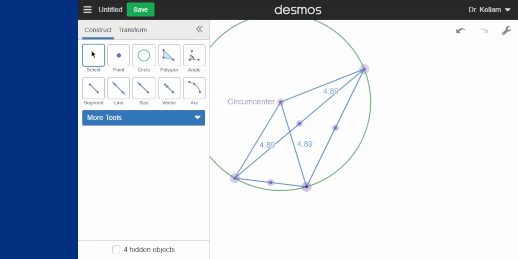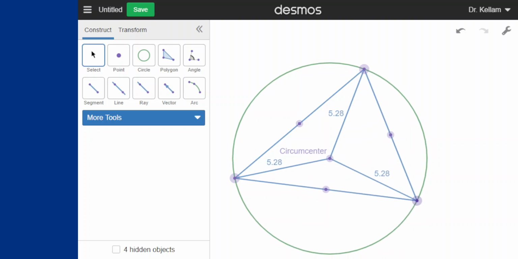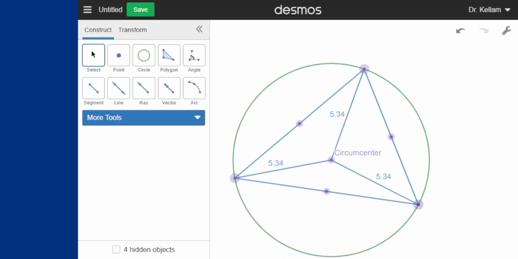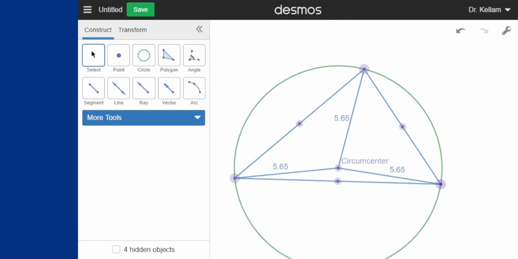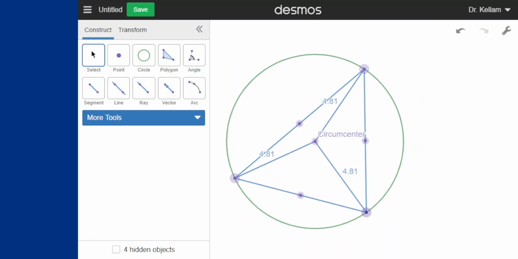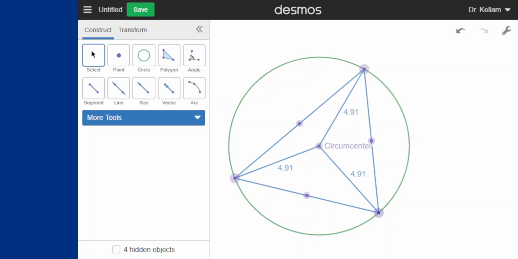That is circumscribing the triangle. That is where the circle is going through the endpoints of the triangle. But everything is moving around in relationship to how those perpendicular bisectors are meeting.